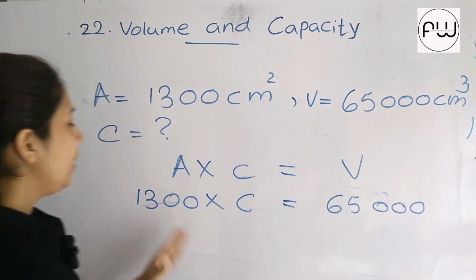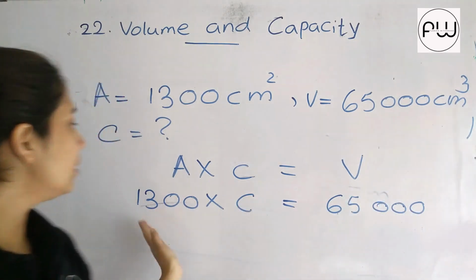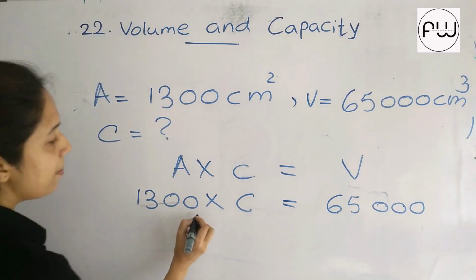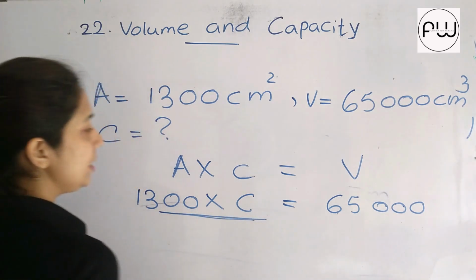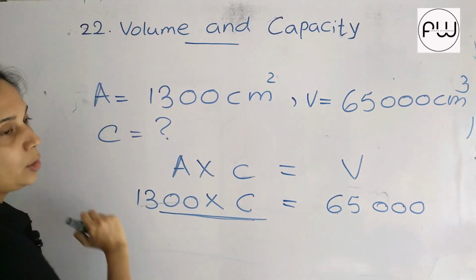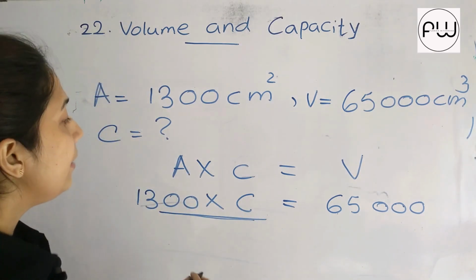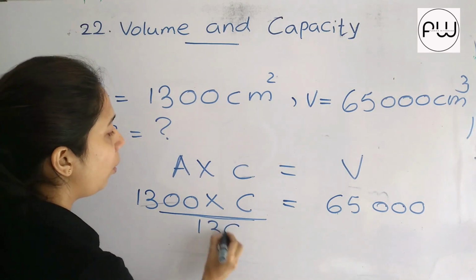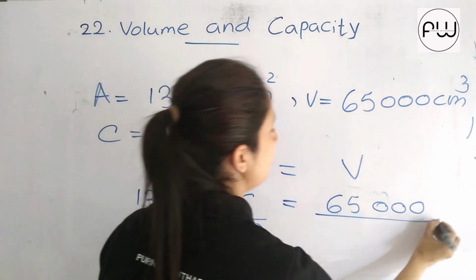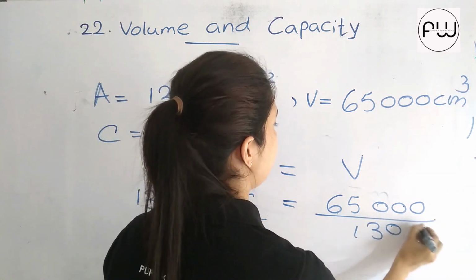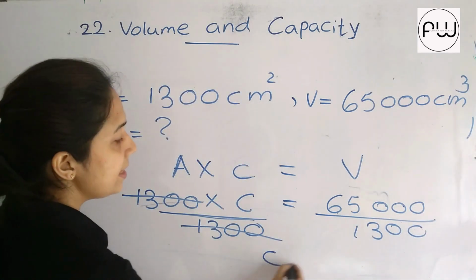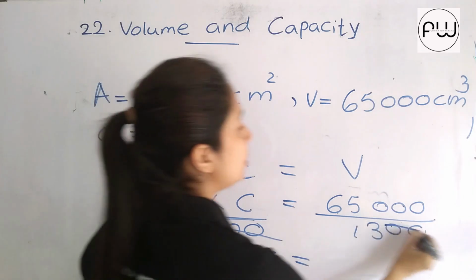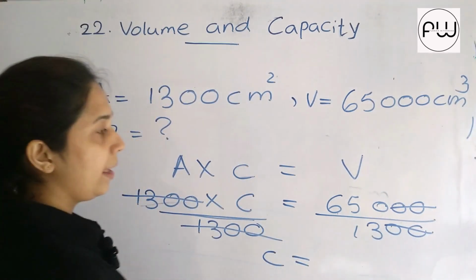Right. Now we can divide both sides by 1300. Why? Because the mathematical operation between these two terms is multiplication. The opposite of it is division. Then we divide both sides by 1300. Let's divide by 1300. We can cancel out and C remains. And two zeros we can cancel out.